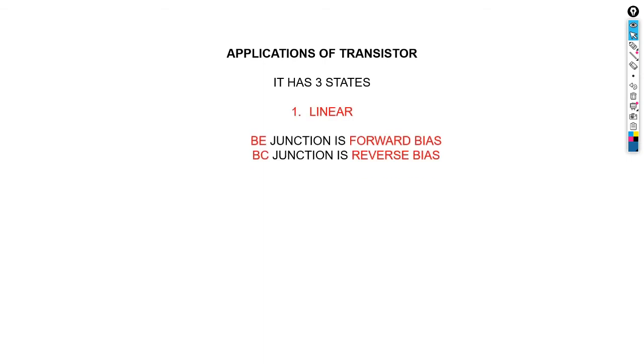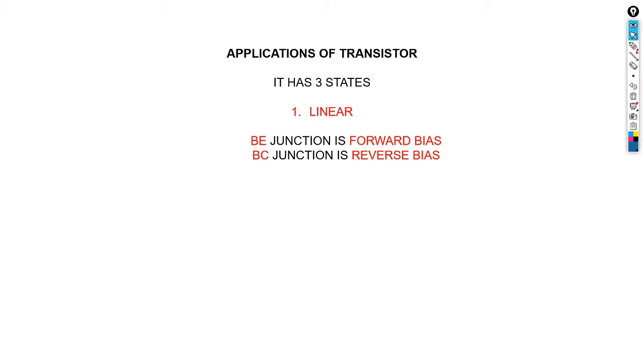Under the applications of a transistor, first of all, we must keep in mind that a transistor always has 3 states, and one of them is that our transistor can operate as a linear. Linear is one of the states.